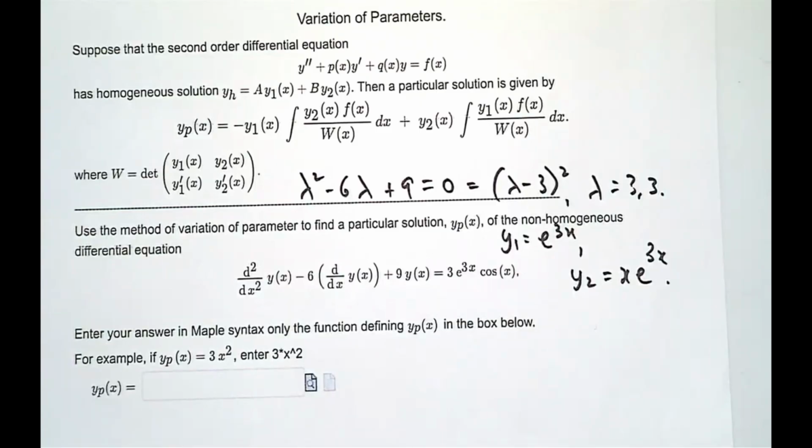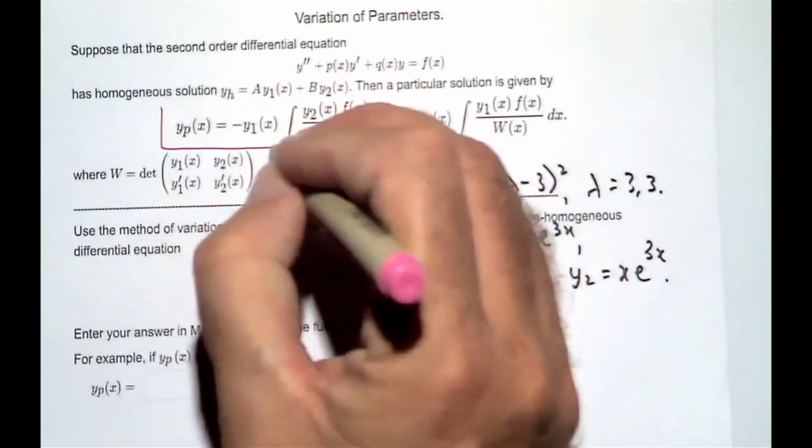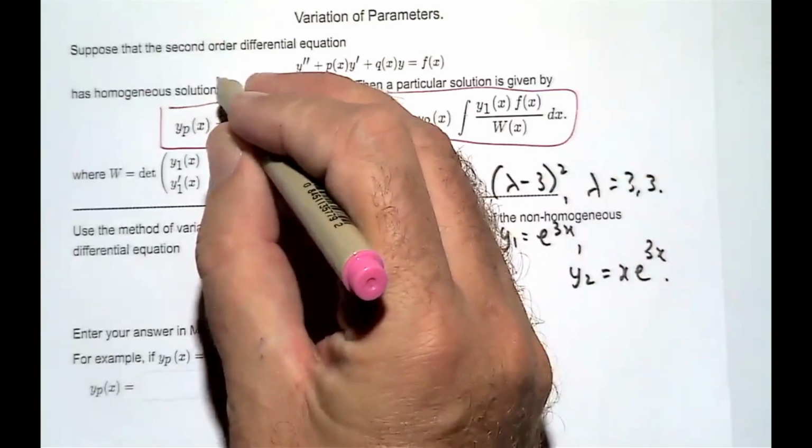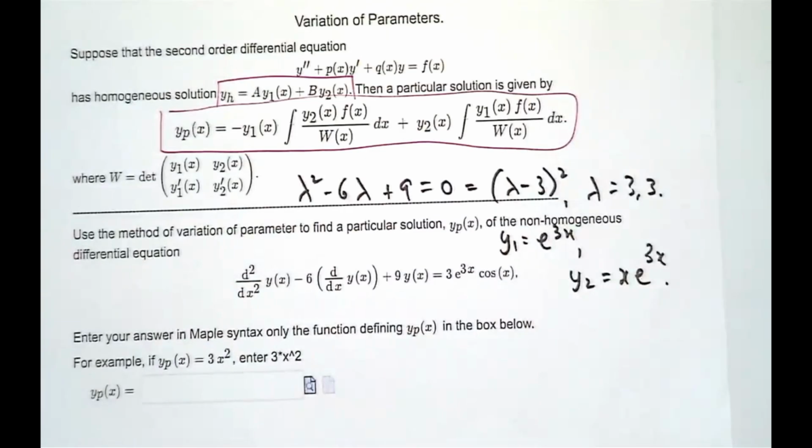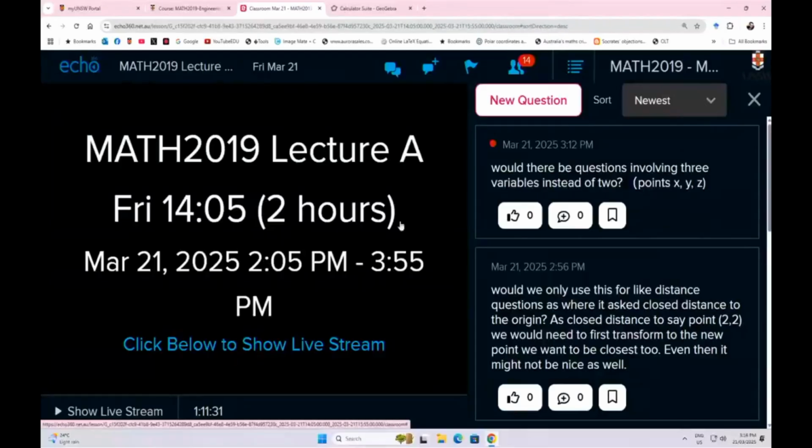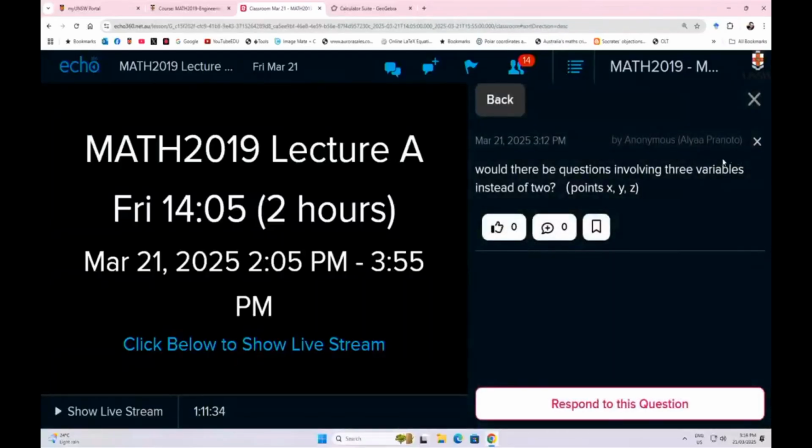All right. So now let's use that information. Now, Julian, is this you? Aliyah, hello. Would there be questions involving 3 variables? Yes. For the matrix stuff, yes. Instead of 2 eigenvalues, you're going to get 3. Instead of a 2 by 2 matrix, you're going to get a 3 by 3 matrix.